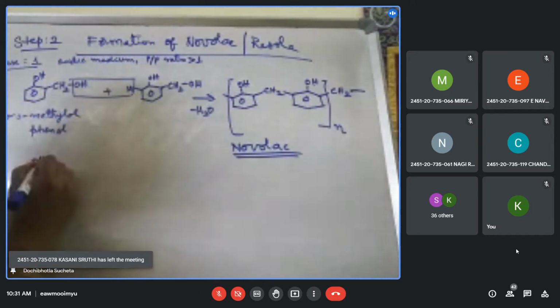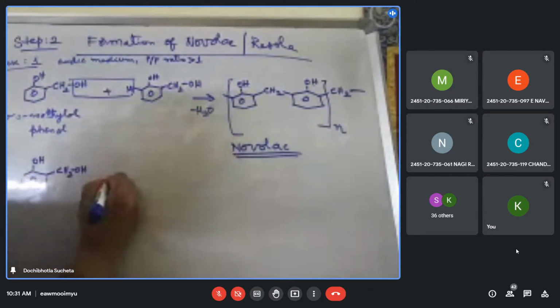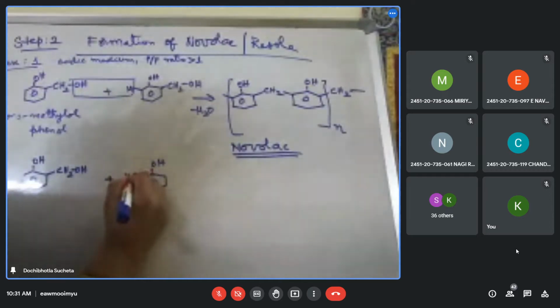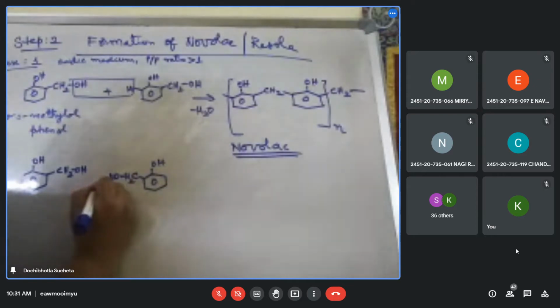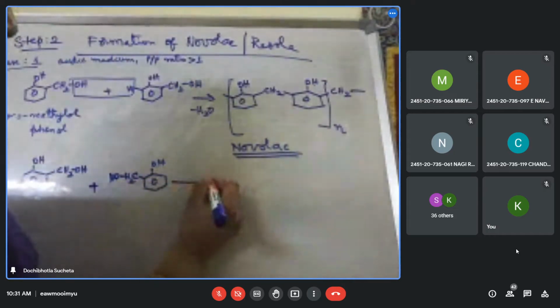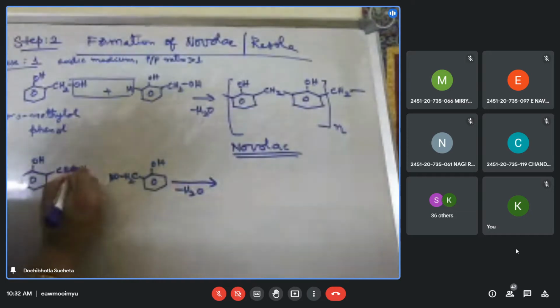Or another one can also form. OH, CH2OH, this is monomethylol phenol again, plus one more such structure, CH2OH. Again minus H2O. What will happen?